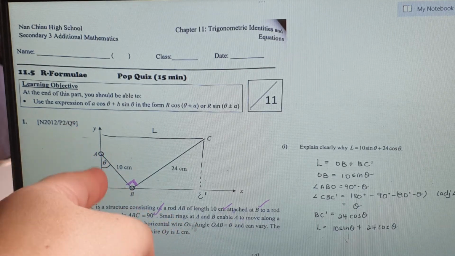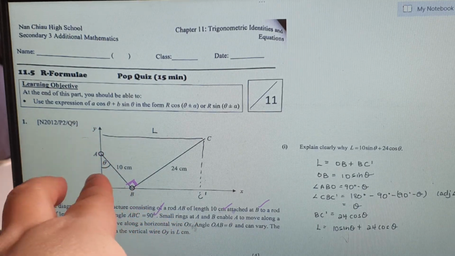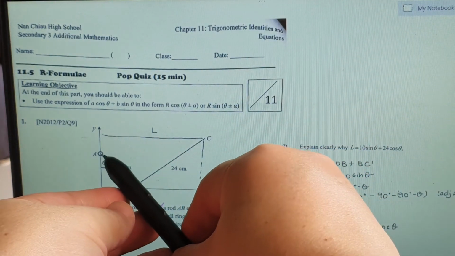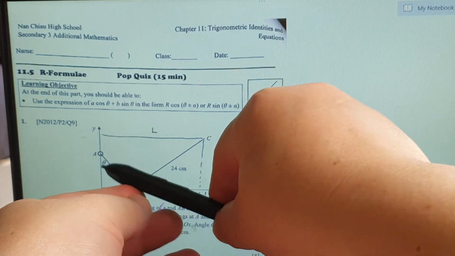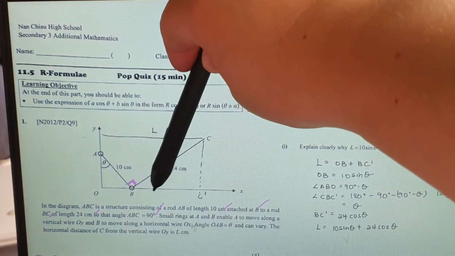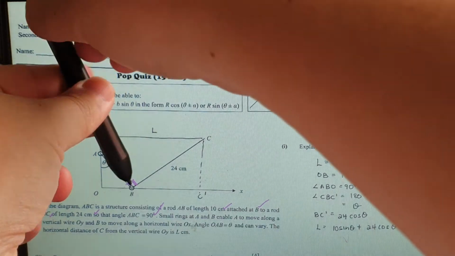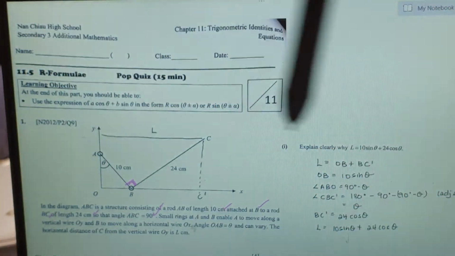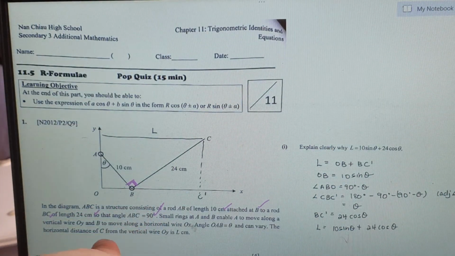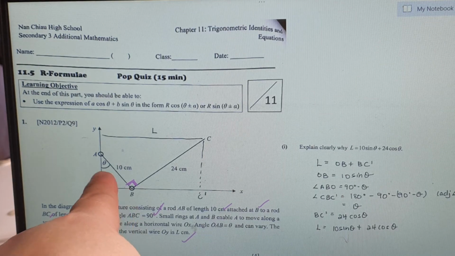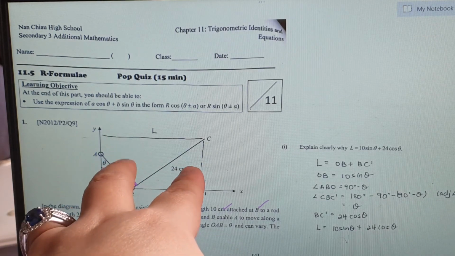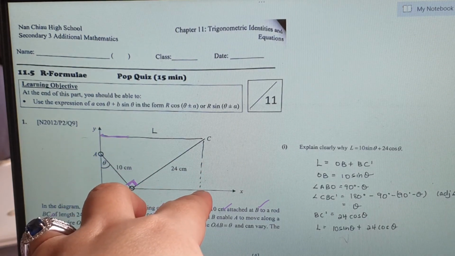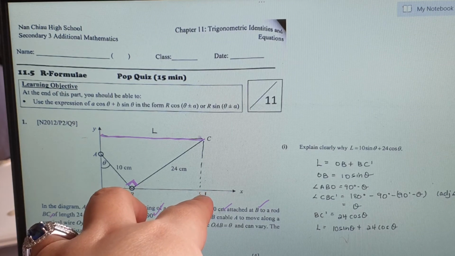That means this rod can move like that, and this also can move. The horizontal distance of C from the vertical line OY is L. So they are actually saying that this is your L. Okay, clear?